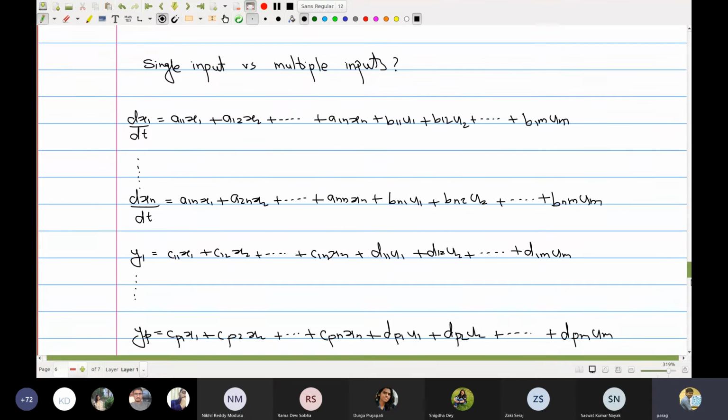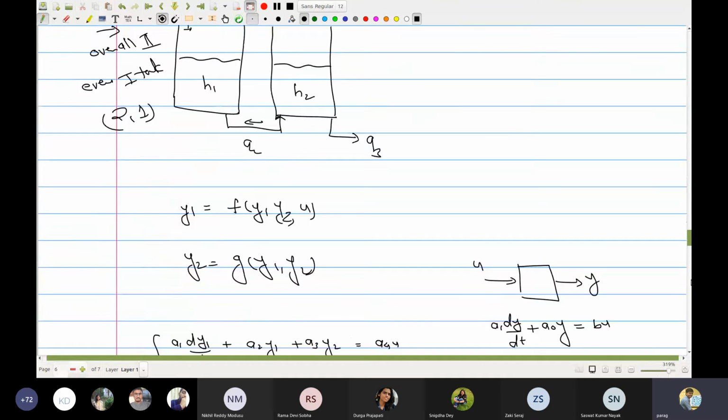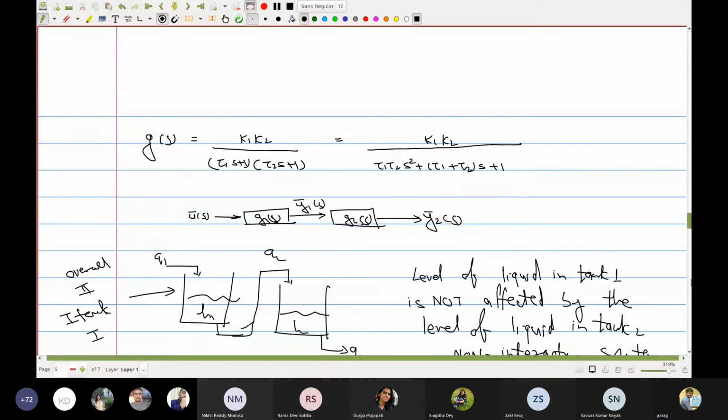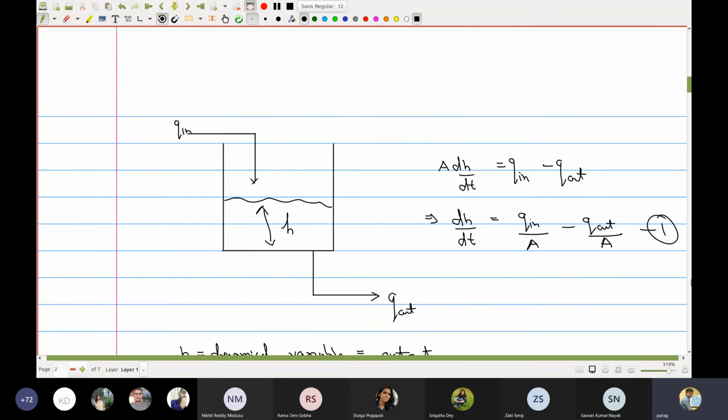Like, say you have a single tank system. In this case you had one input which is q in, you have one output which is q out, and your dynamical variable was h.